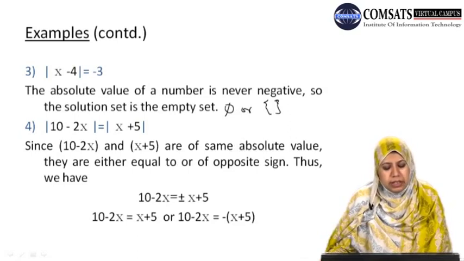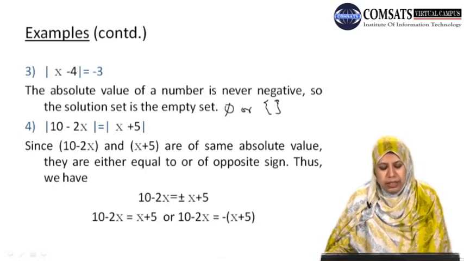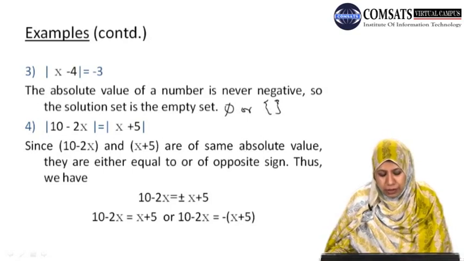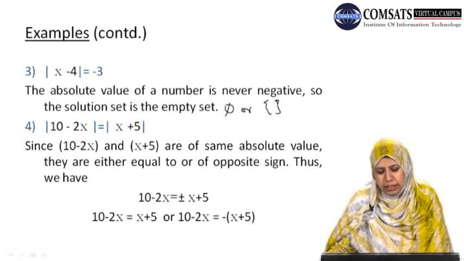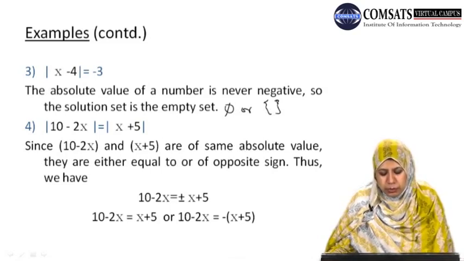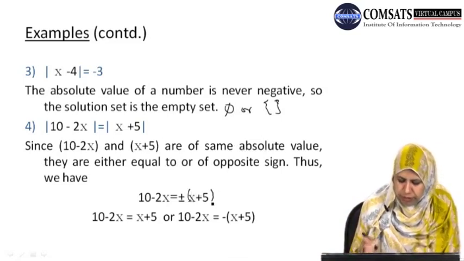Now, since 10 minus 2x and x plus 5 are of the same absolute value, that is their absolutes are equal, that is their distances from 0 are equal, so they are either equal or of opposite sign, which gives us mathematically that 10 minus 2x will be equal to plus minus of x plus 5.